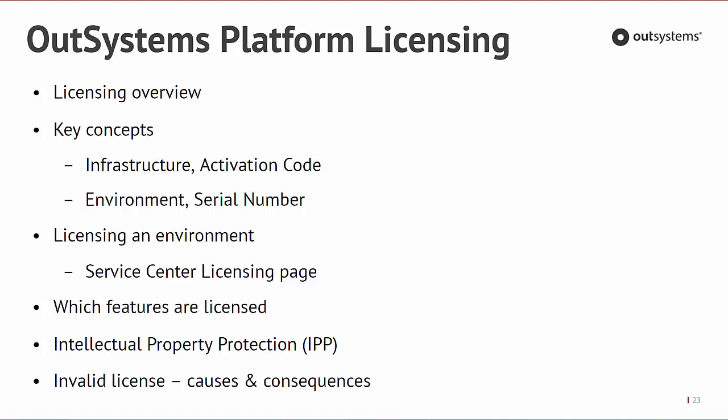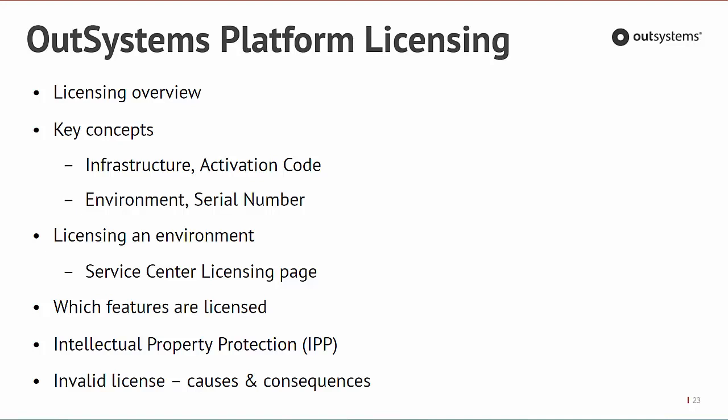Finally, since we are talking about licensing, we will also mention intellectual property protection and how to make sure that your work isn't used in a different organization without your permission. We will end with invalid licenses: what causes an invalid license and what are the consequences of having an invalid license on your platform.